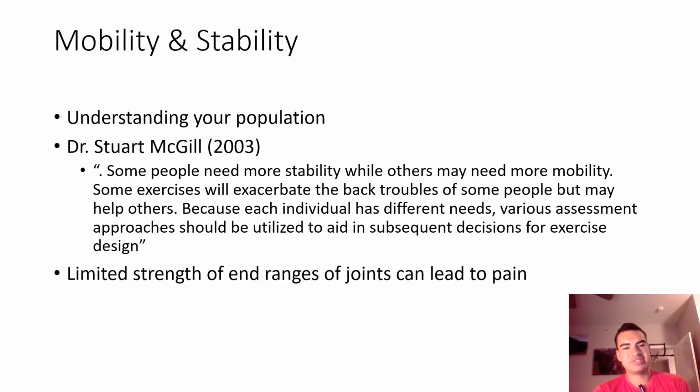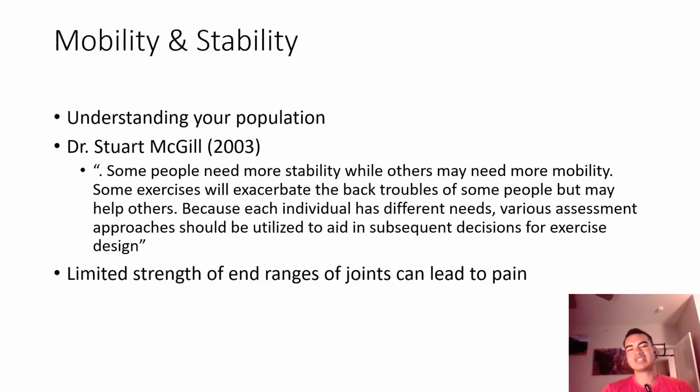So, mobility and stability. We think about understanding your population. Do I have an athlete in front of me whose purpose is to play a sport, or a client coming in who is overweight, has low back issues, and whose core strength is abysmal? Or just your regular gym goer trying to get shredded for the beach this summer?